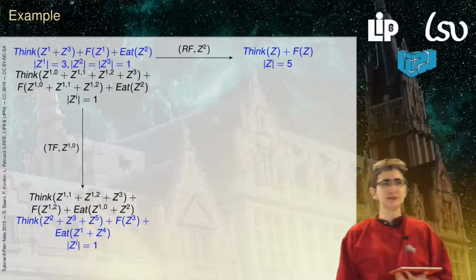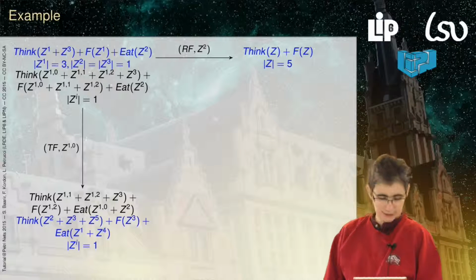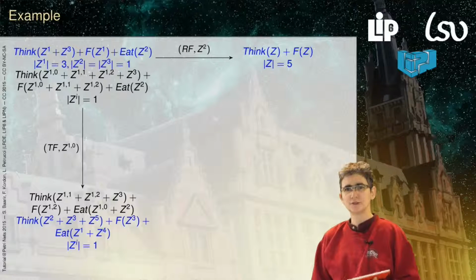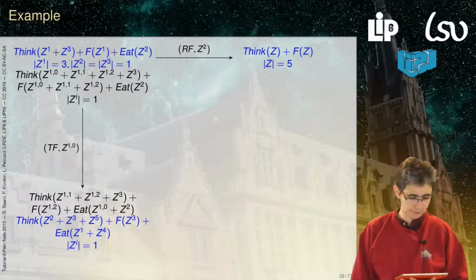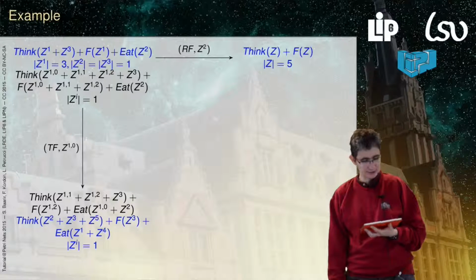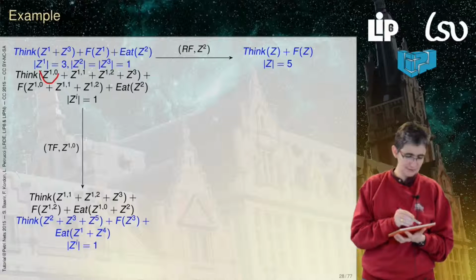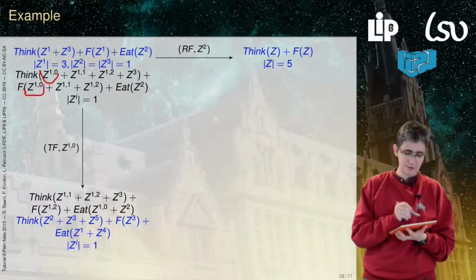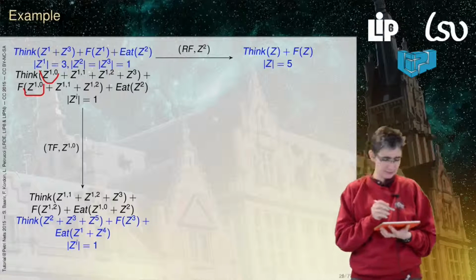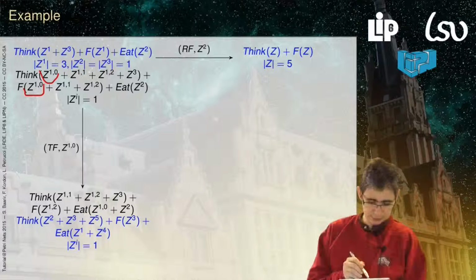Then another possibility is for a second philosopher to take its forks. So let's assume that the philosopher in Z10 wants to take its forks. In Z10, we have a philosopher that is thinking, that has its fork available, and the fork next to him is available.